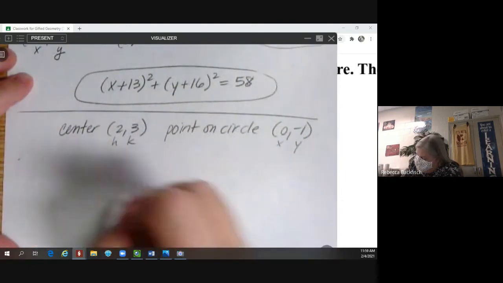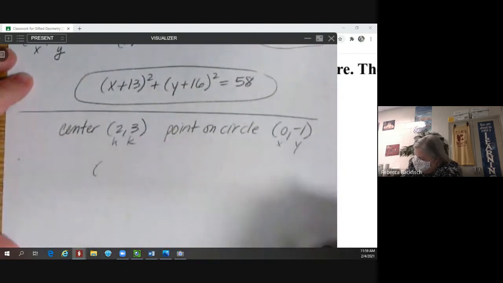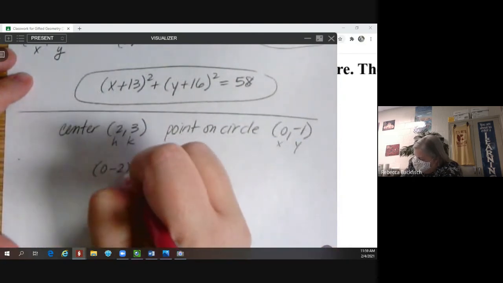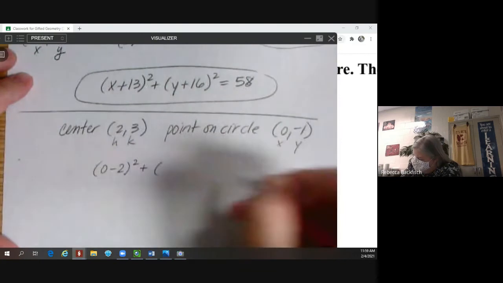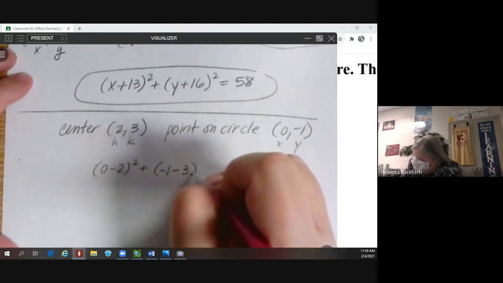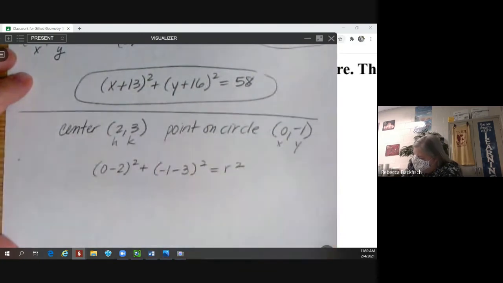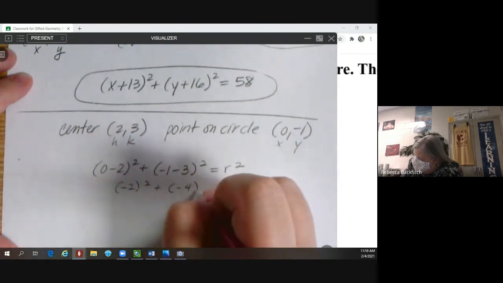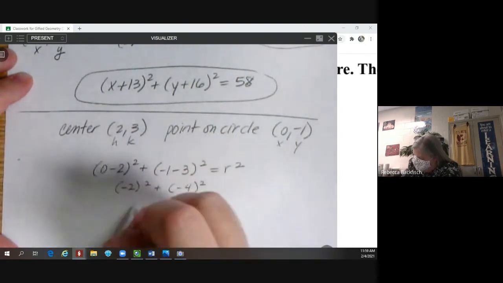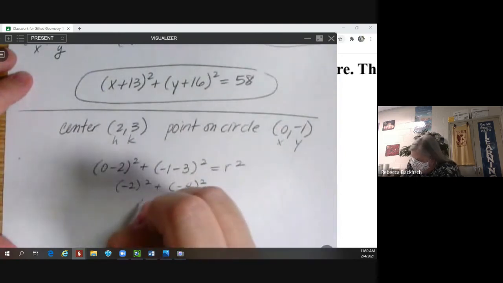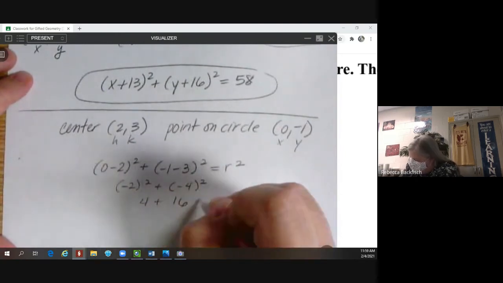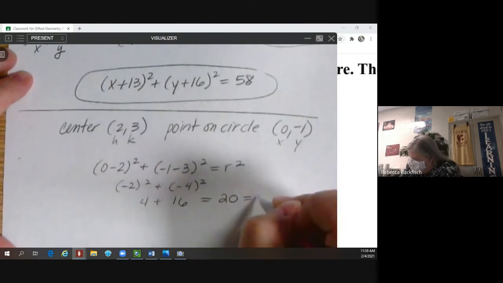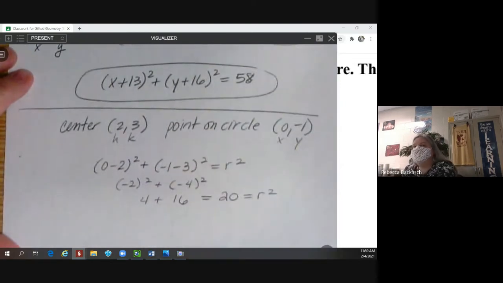All right, so we have (x minus h) squared plus (y minus k) squared equals r squared. Negative 2 squared plus negative 4 squared. Please don't square a negative number and get a negative, excuse me. It's always going to be a positive. So r squared is 20.